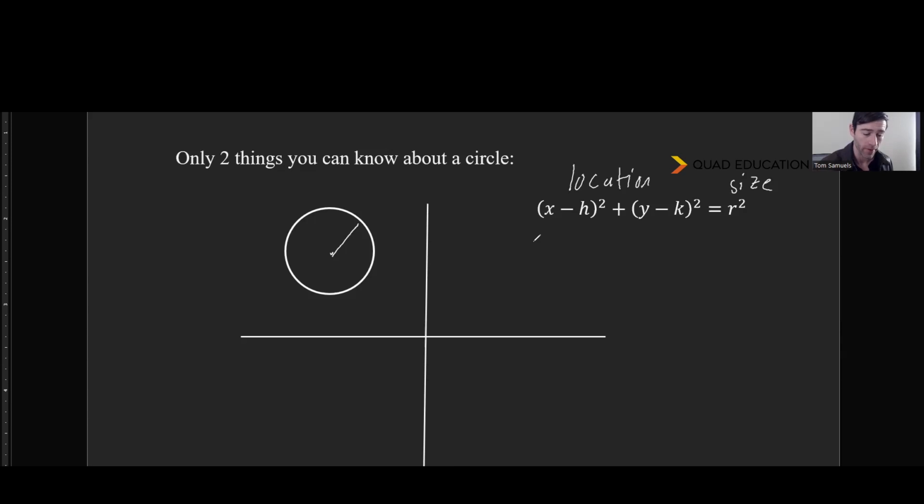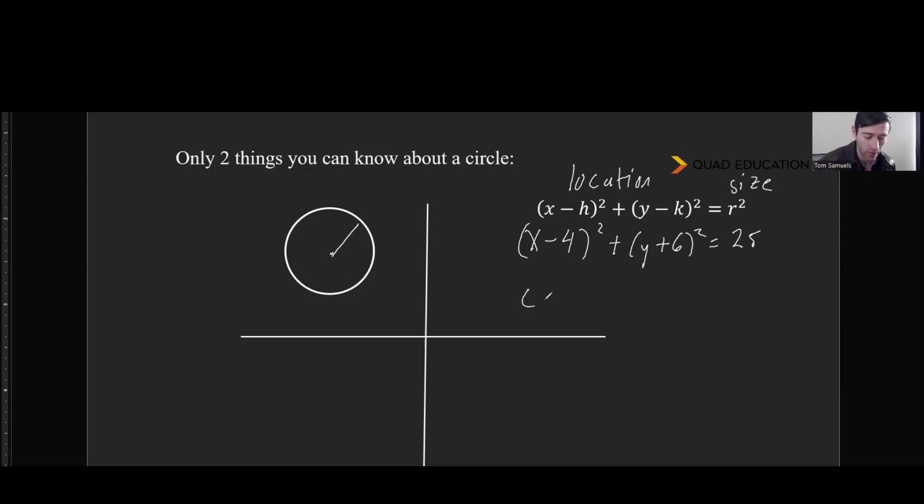So if I had something like (x - 4)² + (y + 6)² = 25, all that would mean is, so left side location, what we do is we take whatever the sign of the constant is inside of the parenthetical and reverse it.